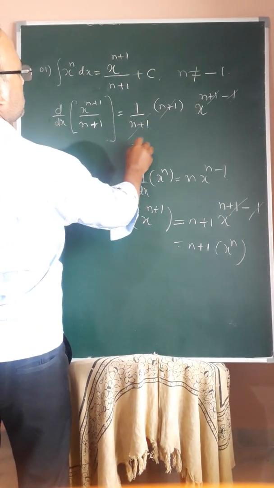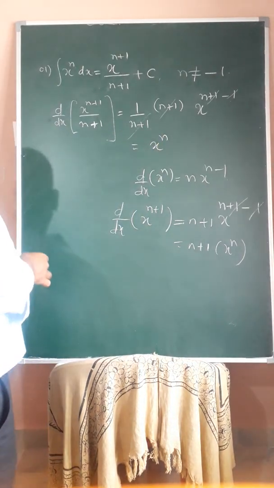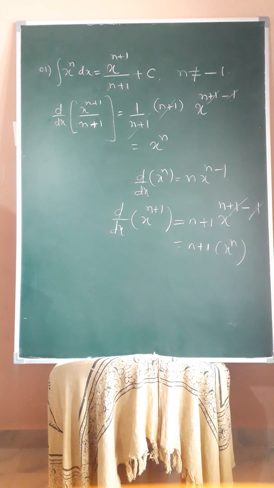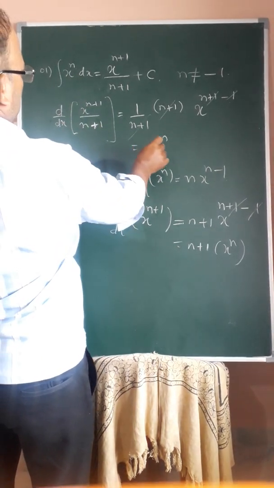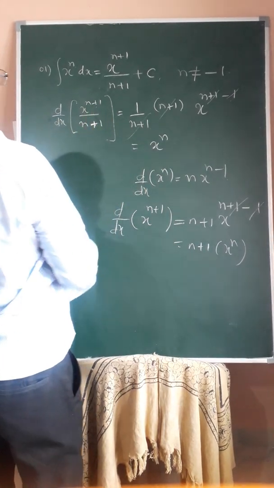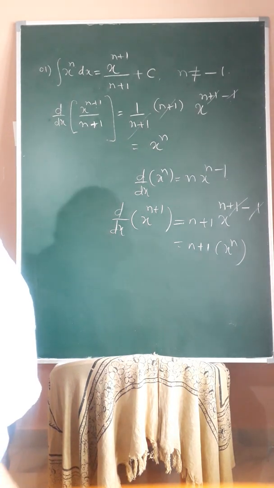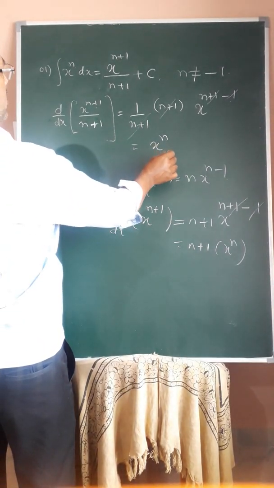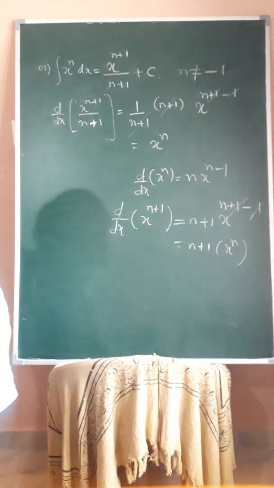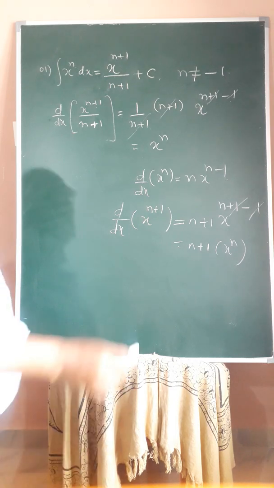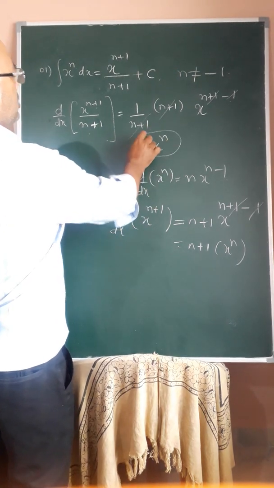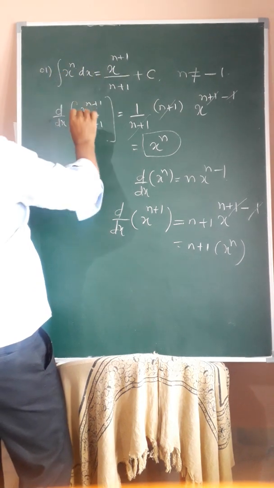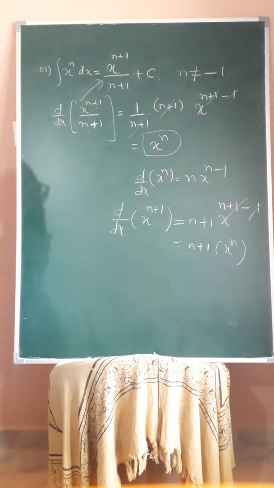We got the original function only, x to the power of n. The derivative of x to the power of n plus 1 by n plus 1 is x to the power of n. If we integrate this, we get the original function plus c. We differentiated the function and got x to the power of n. Again, if we integrate that function, we get the original function.